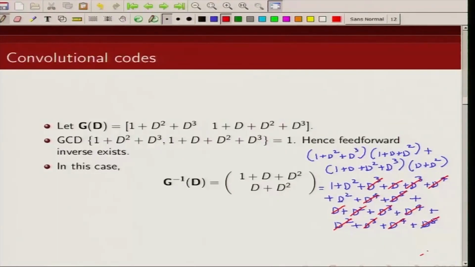So, what we are left with is basically 1. You can see this is a feed forward inverse. If you have your V(D) and pass it through this, you get back your information sequence.